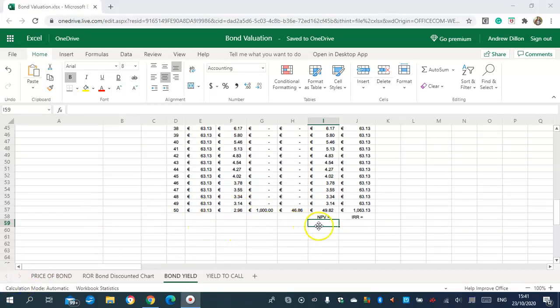Yeah, I don't know what the problem was. The problem was J59 here, which is completely blank because I did not yet calculate the internal rate of return, but we'll do that now. First, I want to calculate the net present value.